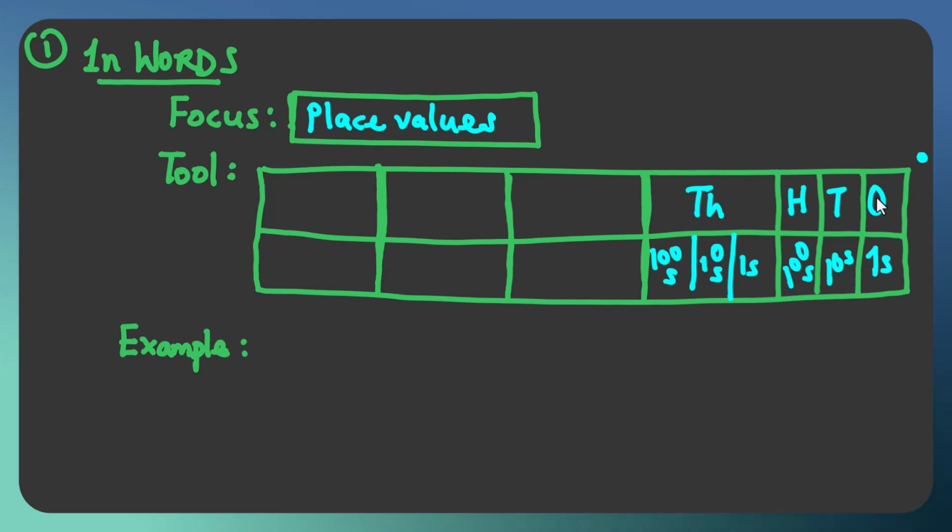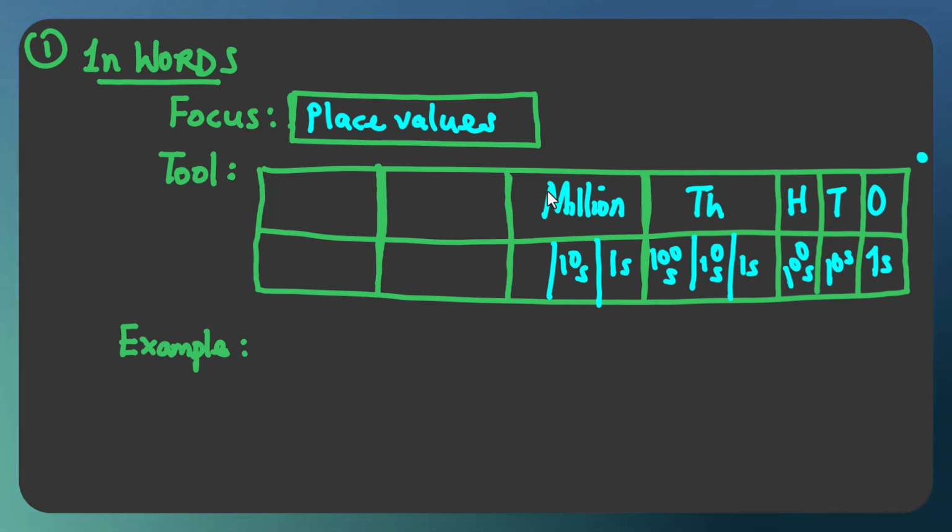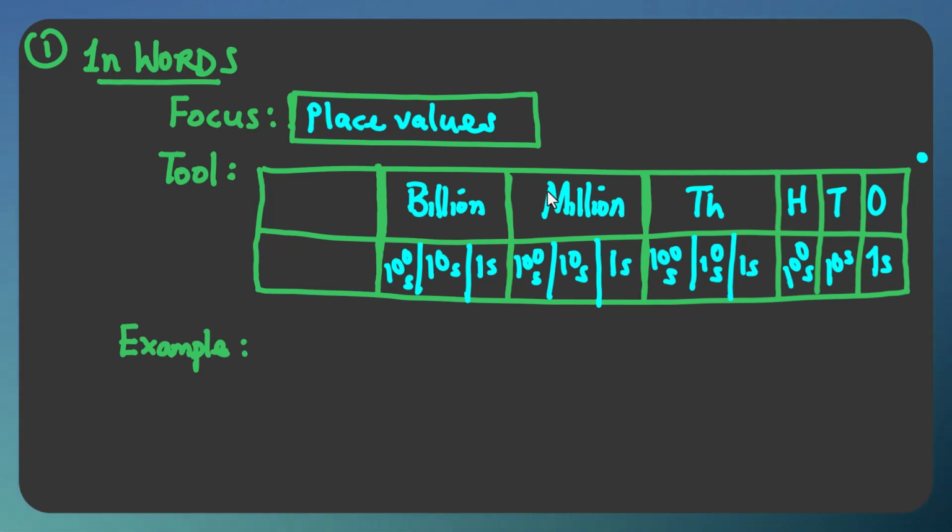Then moving on to the next category, we have our millions, which is also split into three parts, where we have our ones, which is our million, next our 10 million, followed by our 100 million. Next is the billion category, split into three parts again, before moving on to the trillions. This shows you how the pattern of the place value looks, moving from the ones to the tens to the hundreds.